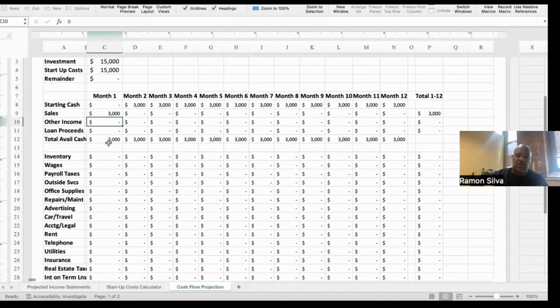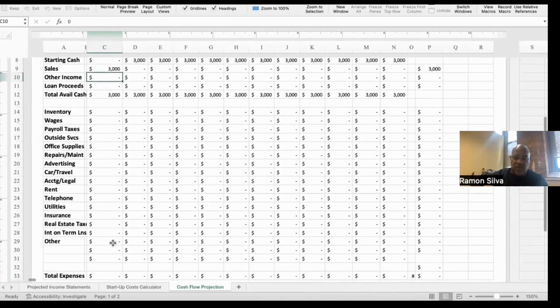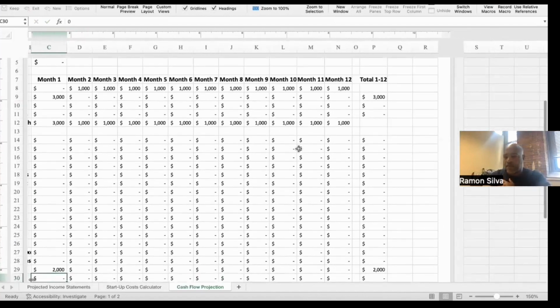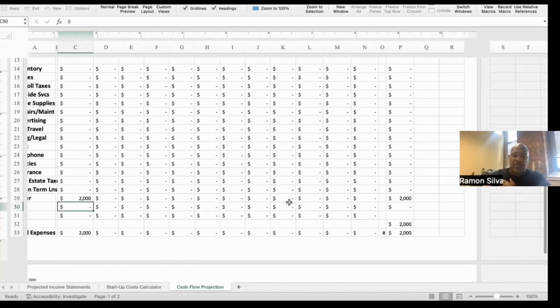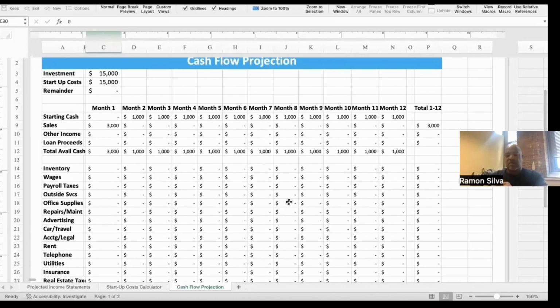So if you have $3,000 in sales, and all of your other expenses are $2,000, you're going to have $1,000 to start month two. And as we go through each month, you'll see at the end of the year what you're going to have in available cash. This is important because it helps you track if you are going to have the funding necessary to operate your business.